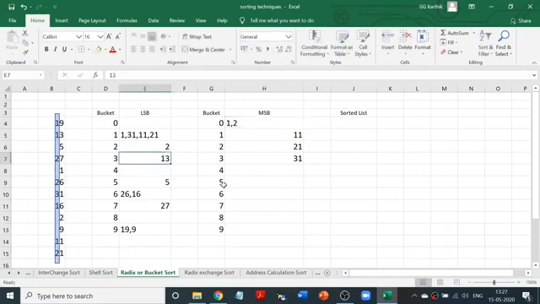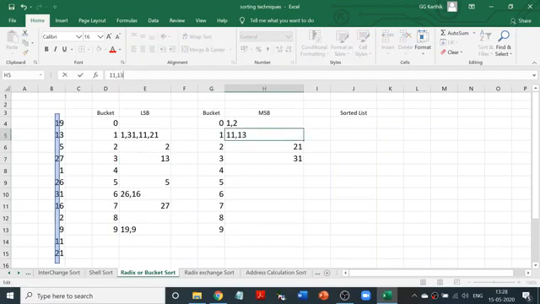Right. Then comes 13. So 13's most significant bit is 1 again. So it is going to go here. 13. Then you have 5. 5 again, most significant bit is 0. So it goes here. Then you have 26. So 26 most significant bit is 2. So it has to go 26. 16 most significant bit is 1.